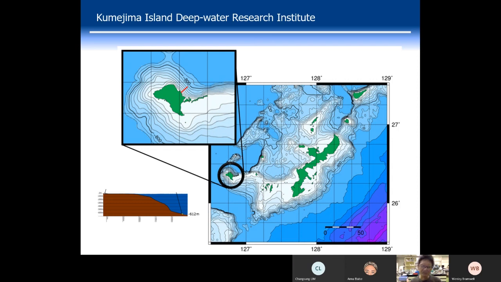This is Kumejima Island, near the Okinawa main island in southern Japan, located about 27 degrees north. You can see that there is a very steep slope, and about 1 kilometer offshore there is a depth of 612 meters, from which we constantly pump up the deep water.